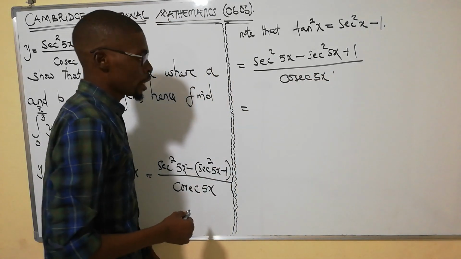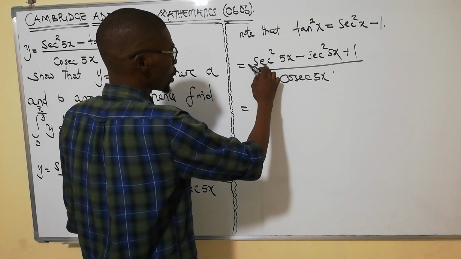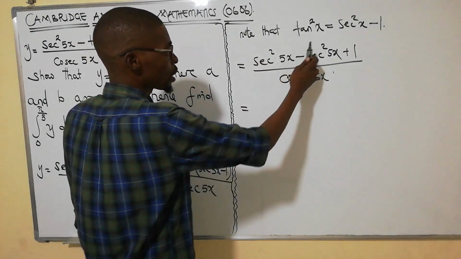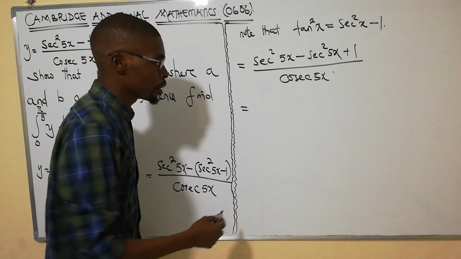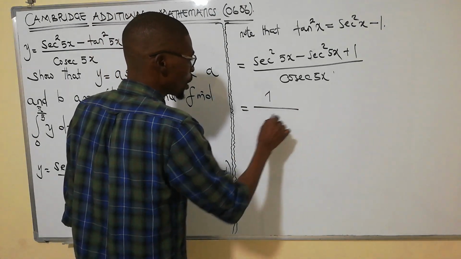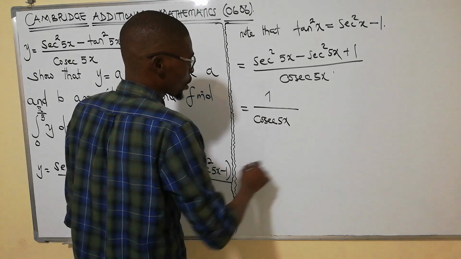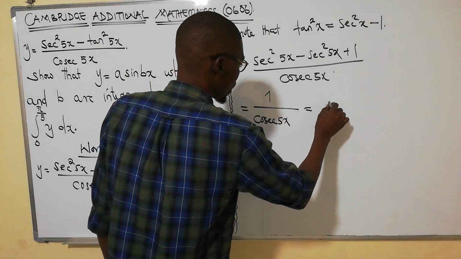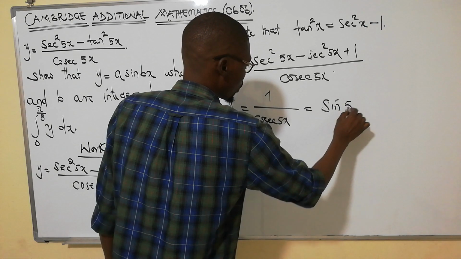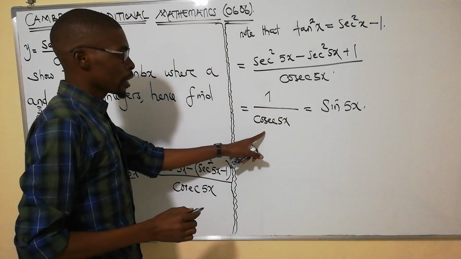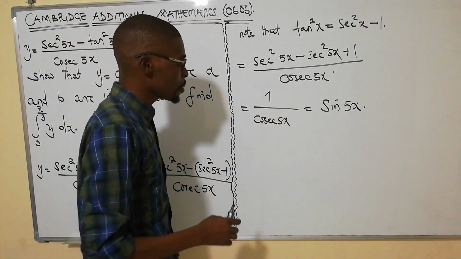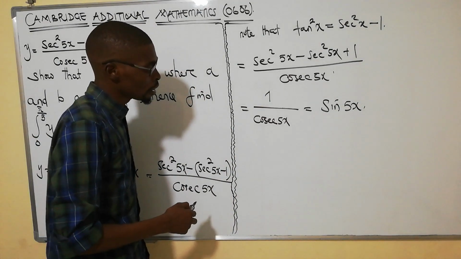Sec squared of 5x minus sec squared of 5x gives us 0. So we end up having 1 over cosec of 5x. This is going to give us sine of 5x, not forgetting that cosec means 1 over sine.